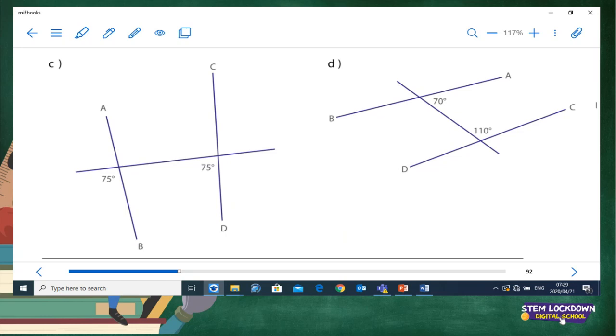Those co-interior angles are also known as supplementary angles because if you add them together, they give you 180 degrees. So 70 plus 110 gives you 180 degrees. This is how it goes as far as the co-interior angles are concerned.